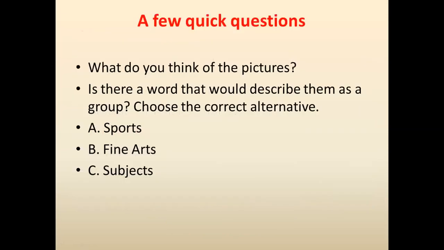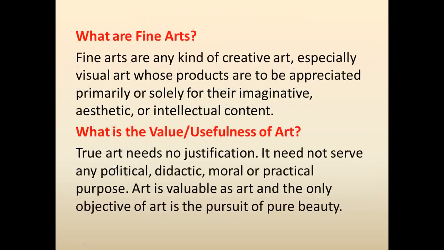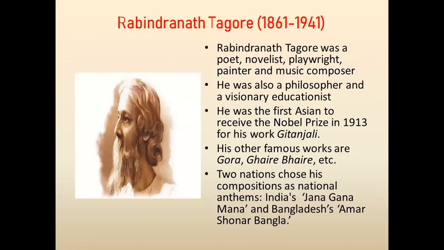The central idea in the story is that true art needs no justification, and art is valuable as art, and the only objective of art is the pursuit of pure beauty. So this is what we are going to find in the story.